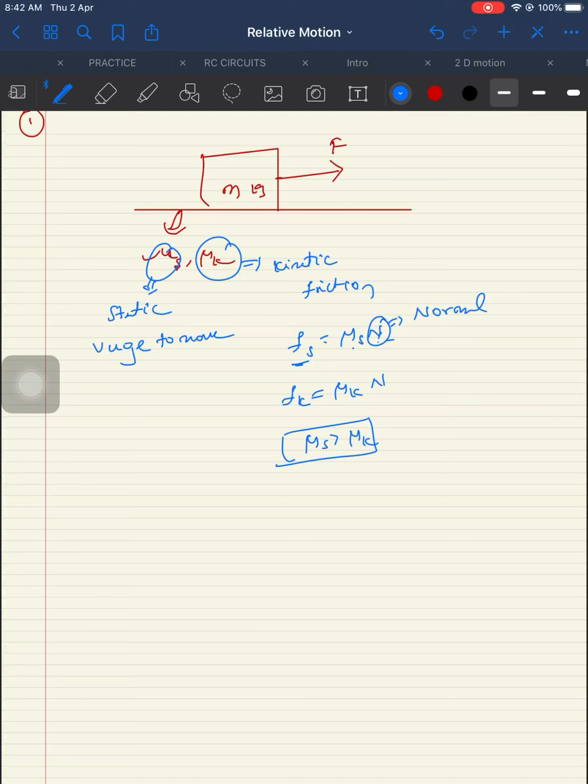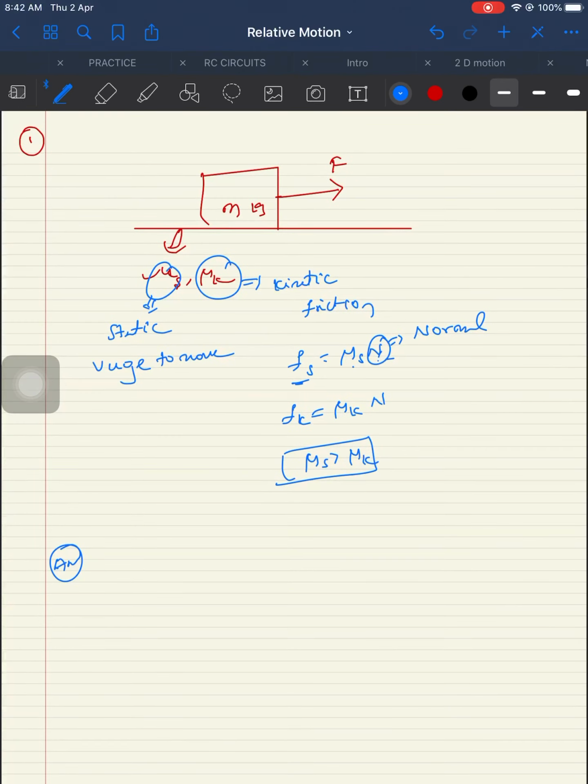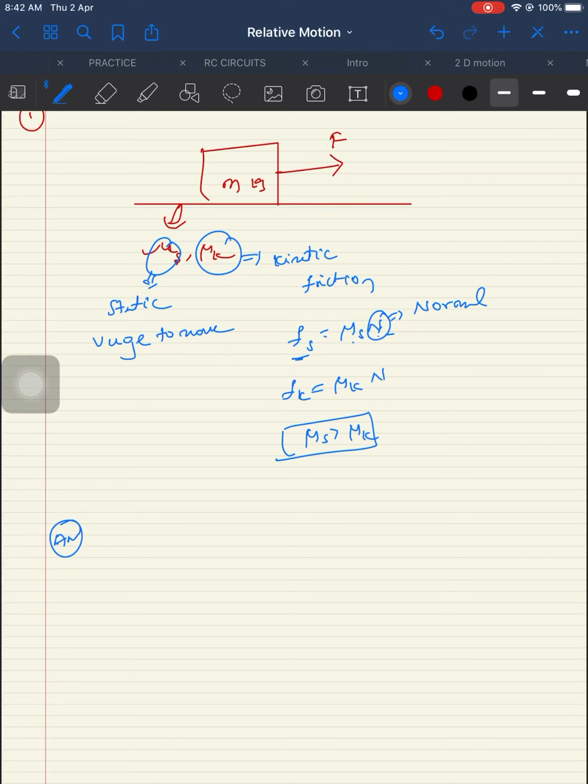Now, first of all, we should take the directions carefully, and we are going to solve this question. How much is the minimum force required to move the body? So the question is the minimum force to move the block.